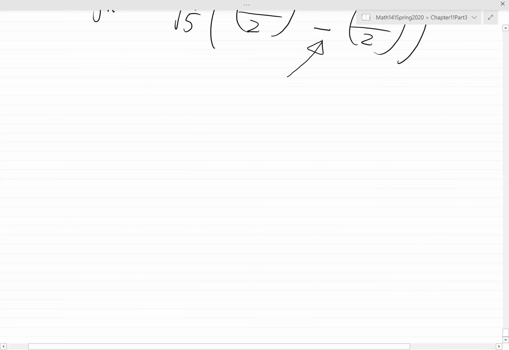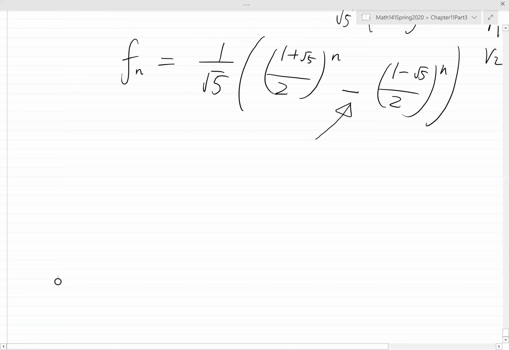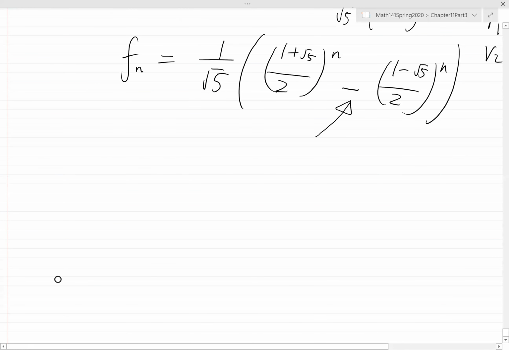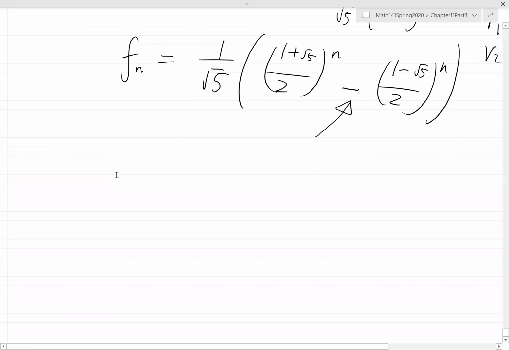The Newton method. Let's start a new topic, Newton's method. Let me make this bigger.